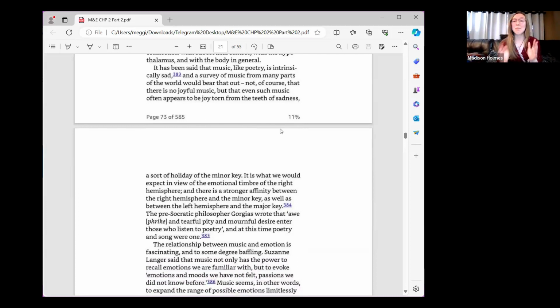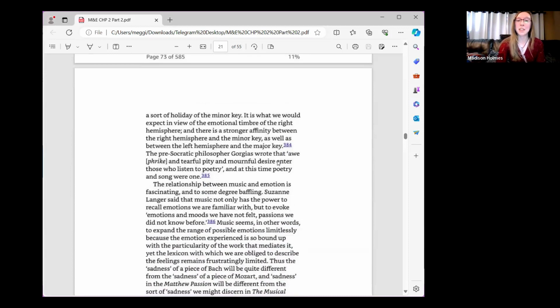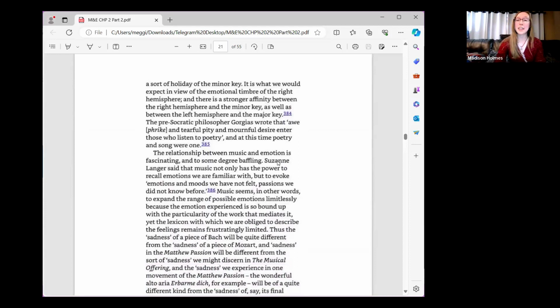It has been said that music, like poetry, is intrinsically sad, and a survey of music from many parts of the world would bear that out. Not, of course, that there is no joyful music, but that even such music often appears to be joy torn from the teeth of sadness, a sort of holiday of the minor key.